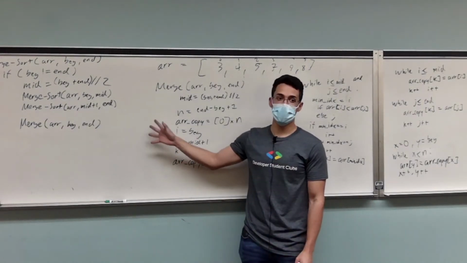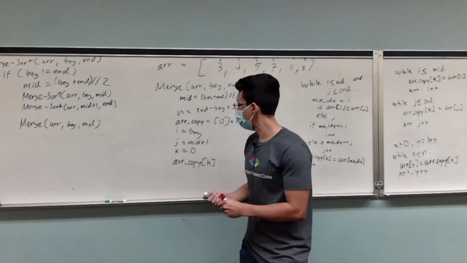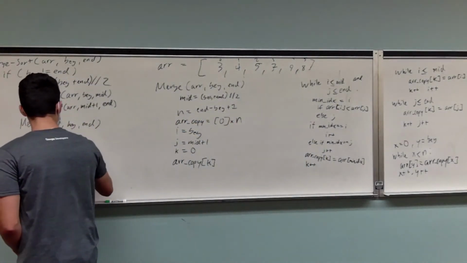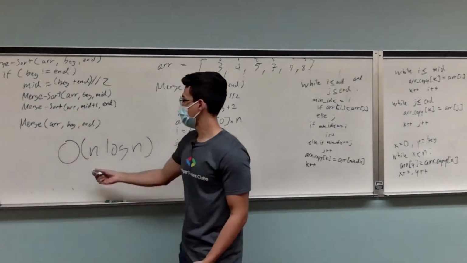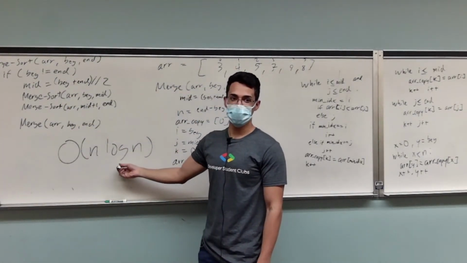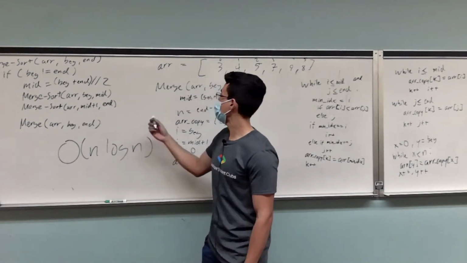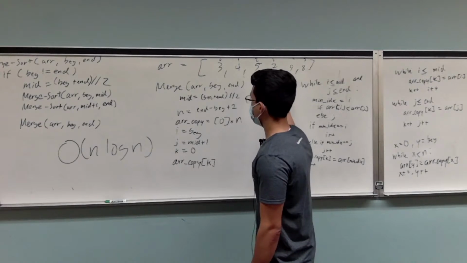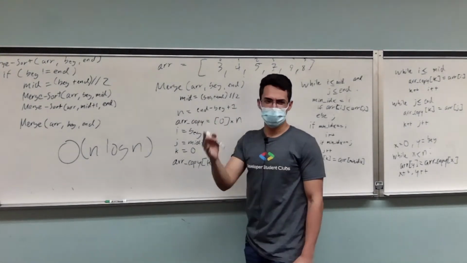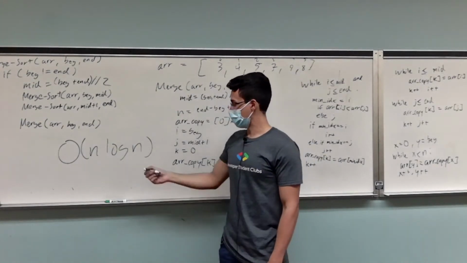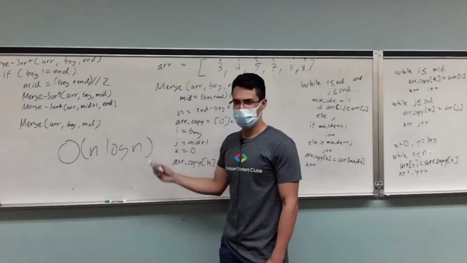And yeah, this is merge sort, which has a runtime of big O of n log n. The log part is because we break the array in half this many times. Log of n, so let's say it's size 6. We will break it up log of 6 times, which is about 3. So it'll be 6 times 3, 18.